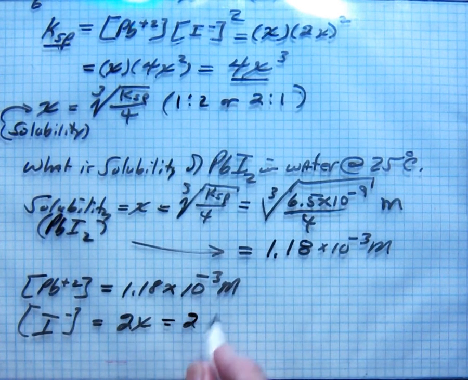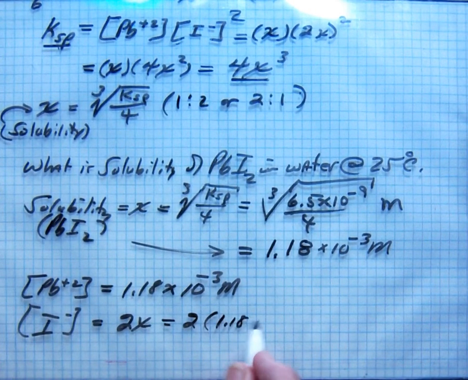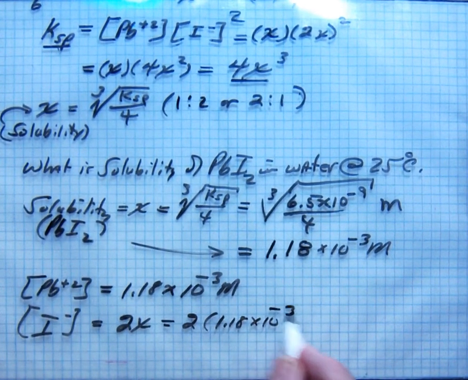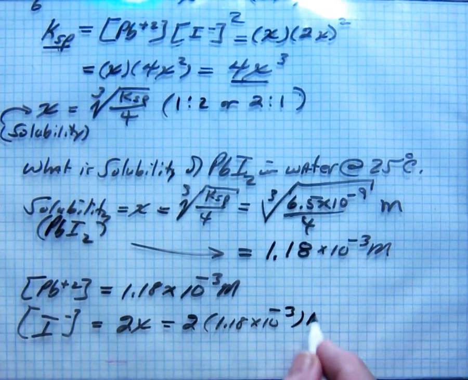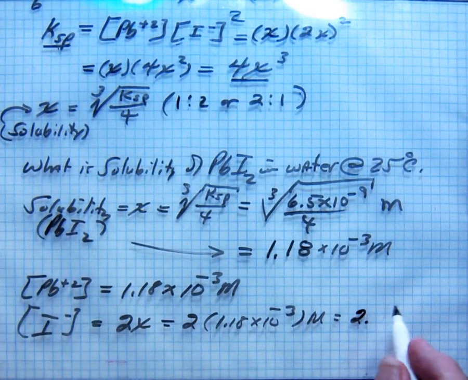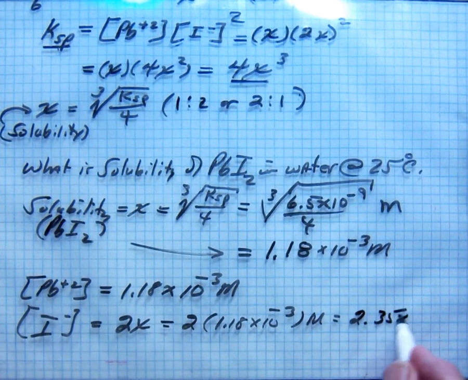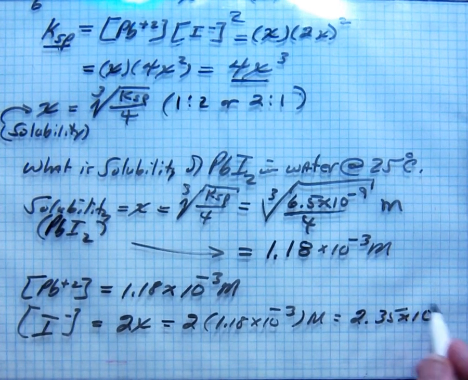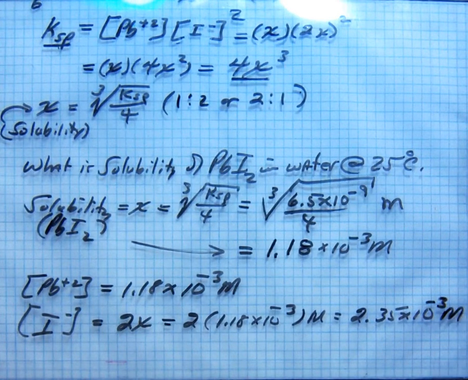So it's 2 times 1.18 times 10 to the minus 3 mole per liter, giving 2.35 times 10 to the minus 3 molar in the iodide ion. So you see the 2X has to be included, depending on how the problem is delivered to you.